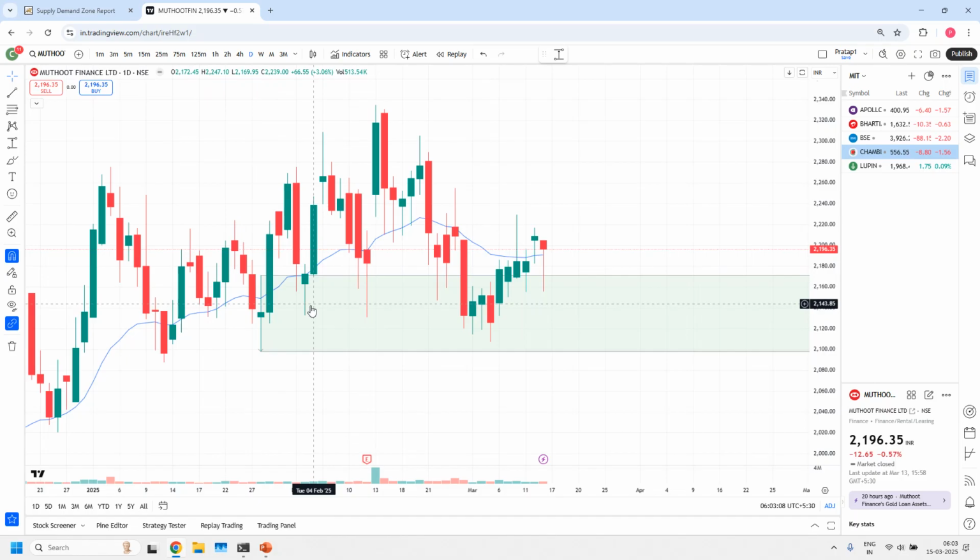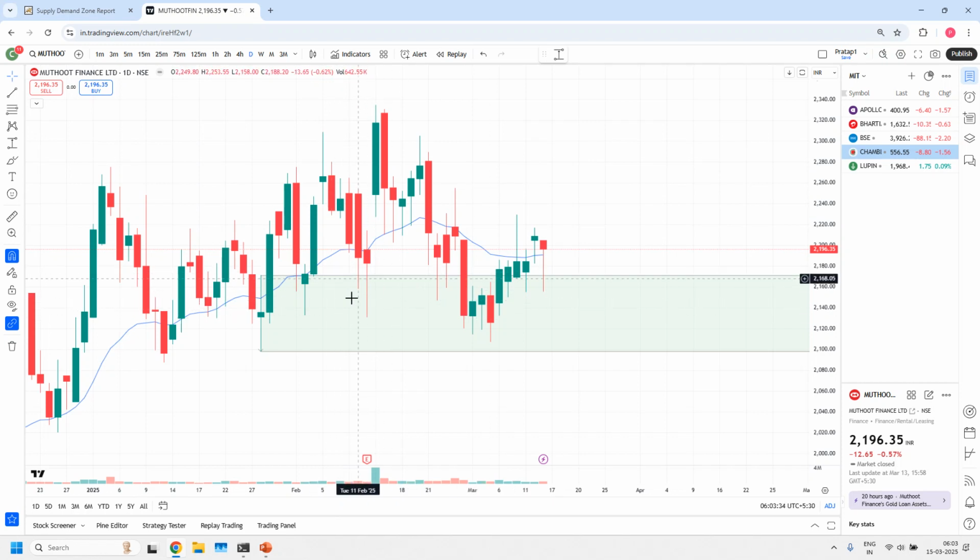And moreover, LOTL zone. See here, drop base rally they created. Again, drop base rally they created. Maybe, I don't know, maybe according to the software this is a medium size or large, but it is looking like a large candle. Or if you consider base, drop base rally is coming again.